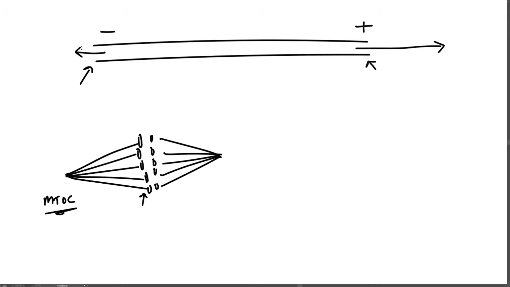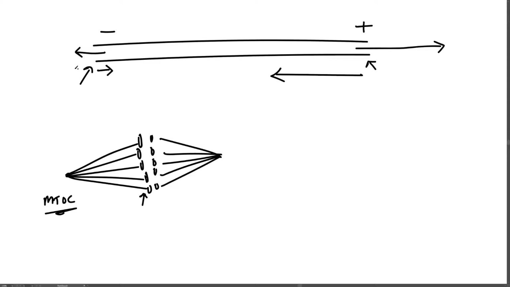Conversely, if the conditions within the cell promote depolymerization, the plus end shrinks rapidly, depolymerizes rapidly, and the minus end depolymerizes slowly. So the plus end is the dynamic end, and it shrinks and grows very quickly under different cellular conditions, and the minus end is the more stable end and grows and shrinks more slowly.